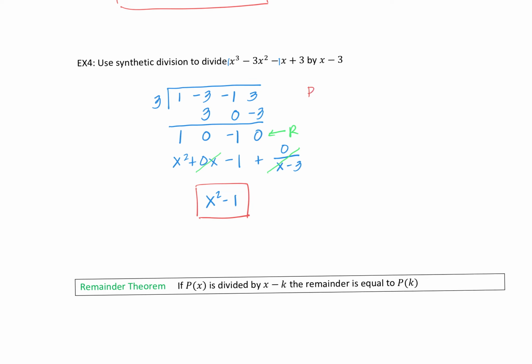We took our polynomial p of x, and when we divided our polynomial p of x by x minus 3, we got this solution, which was x squared minus 1. So what that says is that p of x is x minus 3 times x squared minus 1.